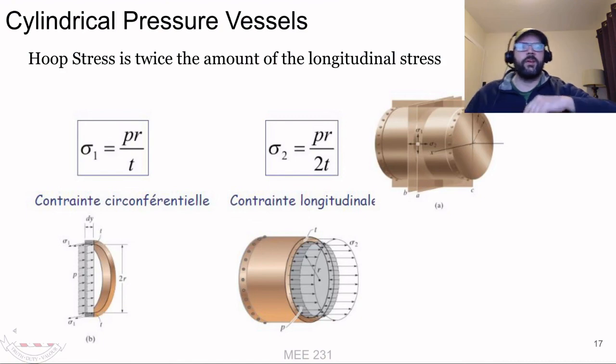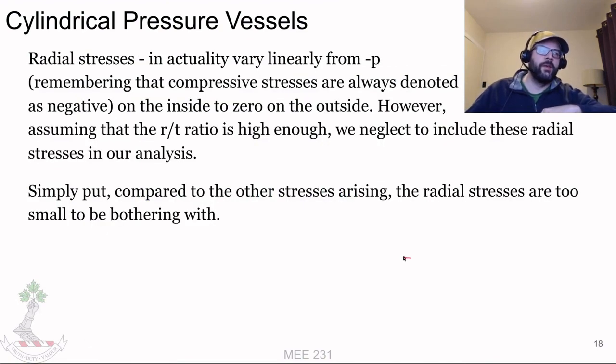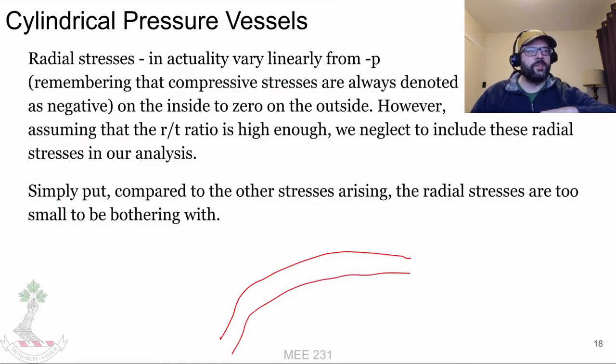If we look at a little bit of the skin here, obviously we've got pressure pushing on here. So if we look right here, obviously we need to have pressure pushing back. So it technically varies linearly. It's 0 at this end and it's P at this end, and then it drops down as you go through.